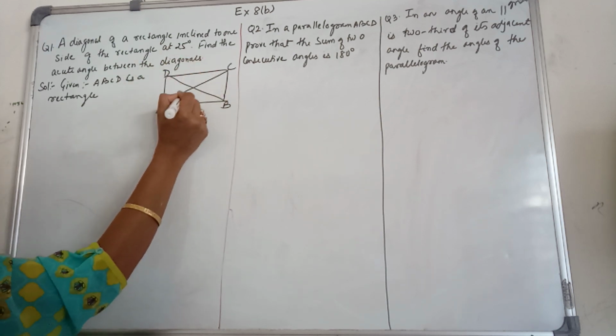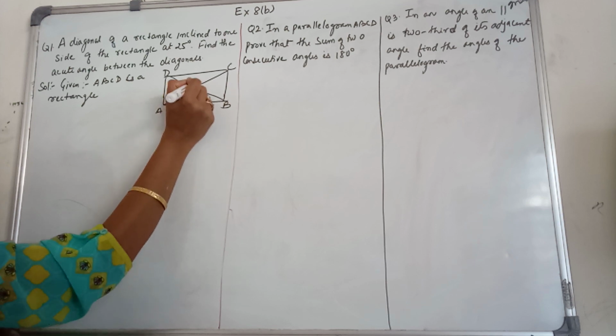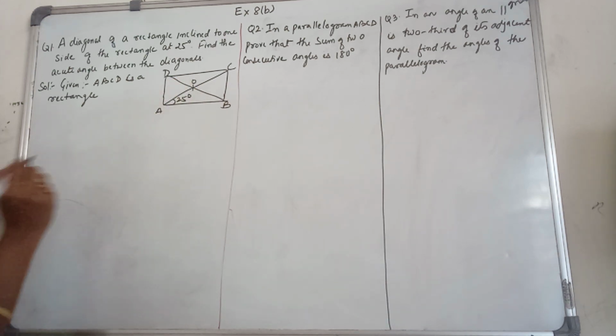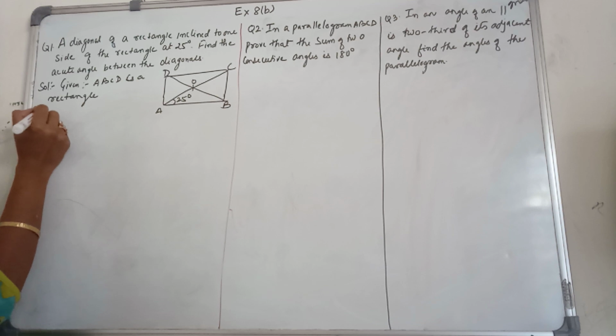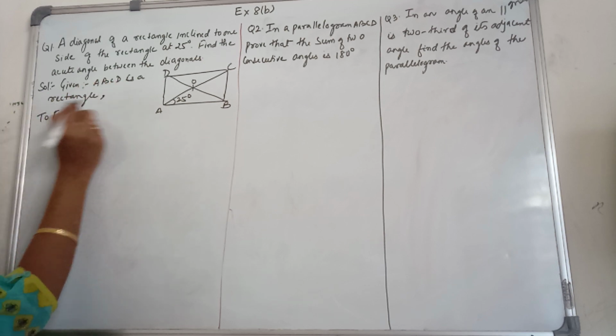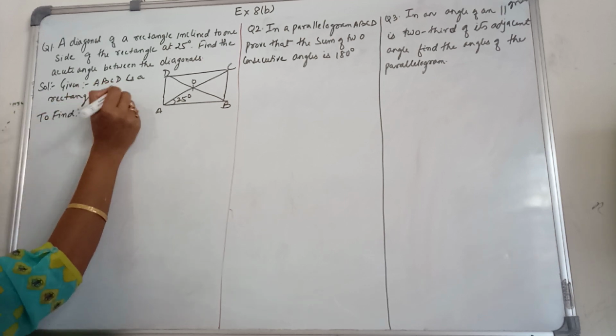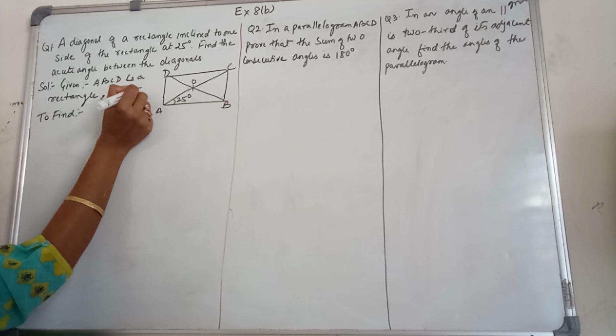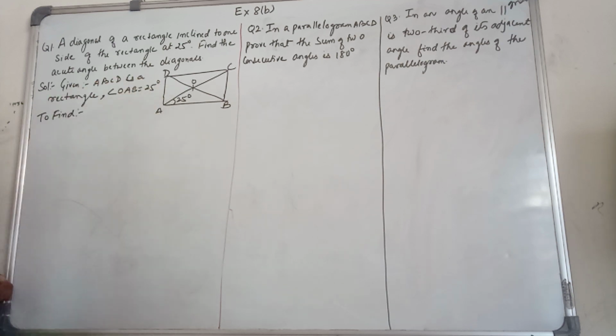I am taking this one. This is 25 degree and this one is considered as O. So what you have to find? Here you can also write ABCD is a rectangle and angle OAB is equal to 25 degree.